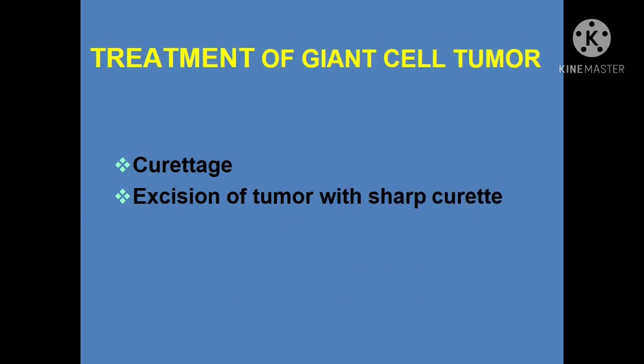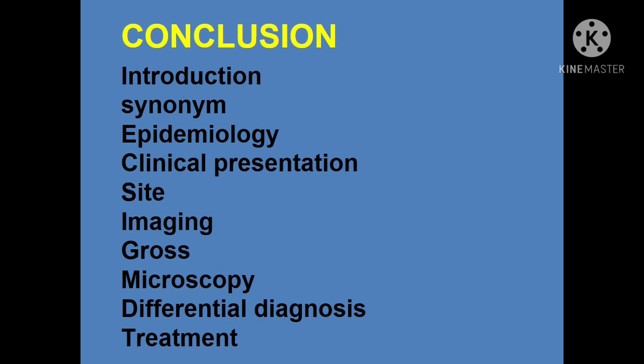In introduction, what will you write? As I said, the first slide was, it is one of the common benign bone tumors, but it is aggressive because you have seen in graphs that it is almost expanding the bone and it may cause pain, so it is aggressive.